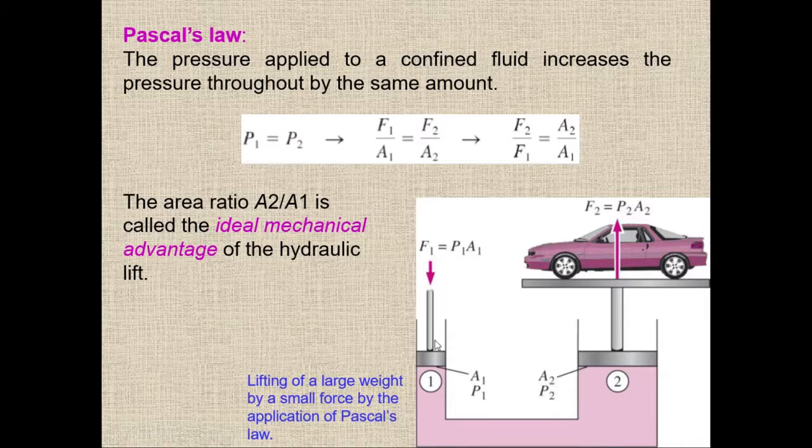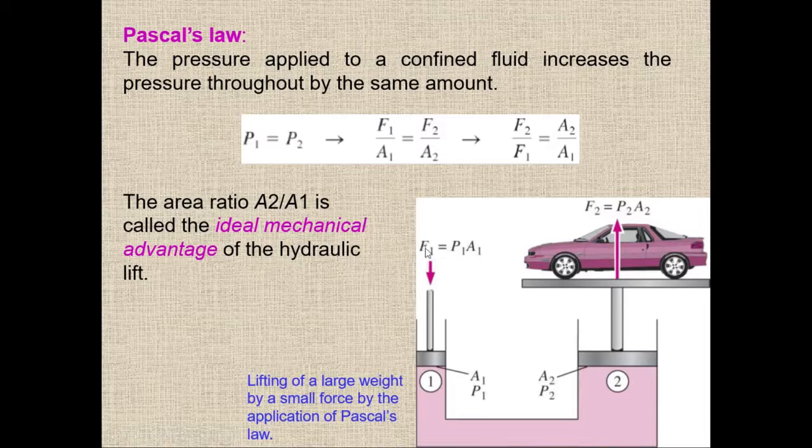So if I'm going to apply a force here, this force will create a pressure here, and the same pressure will be exerted on that piston. But because the area is larger than this one, you will get higher force.